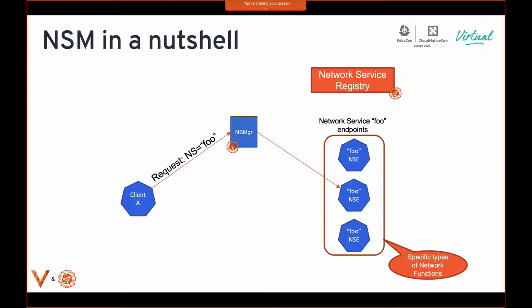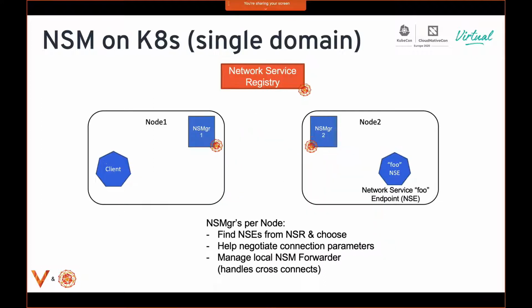Then it forwards the request to the network service endpoint that it chose, negotiates the connection parameters, and does the actual connection setup to the client. So that's the gist of the NSM model for managing connections.